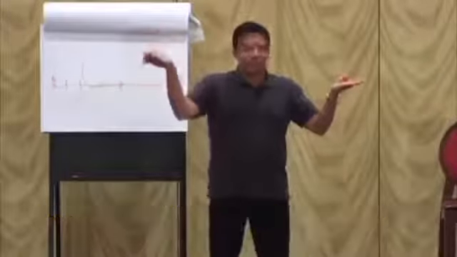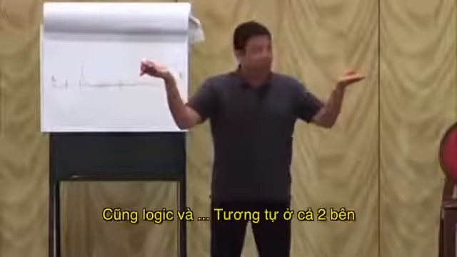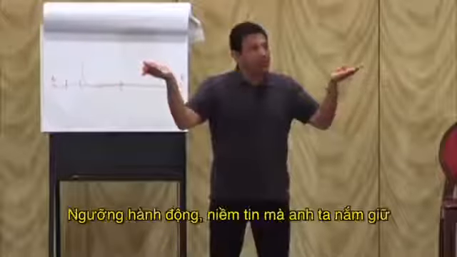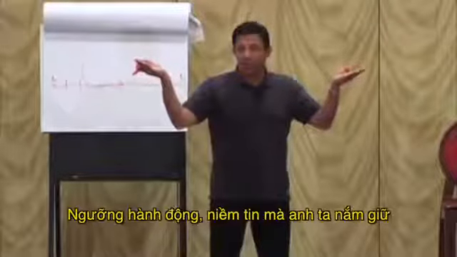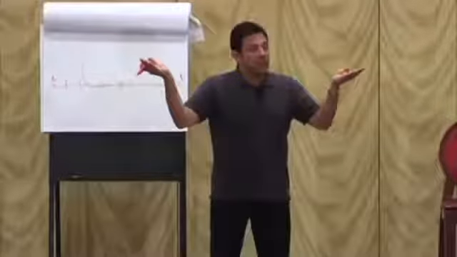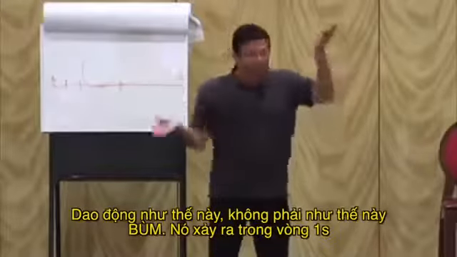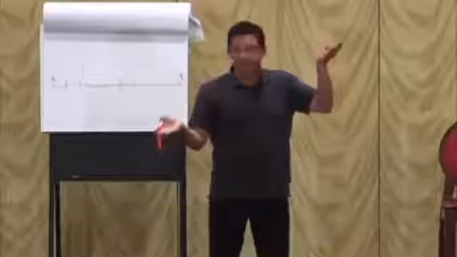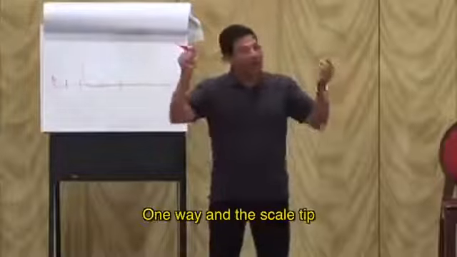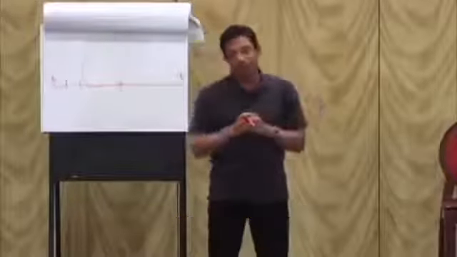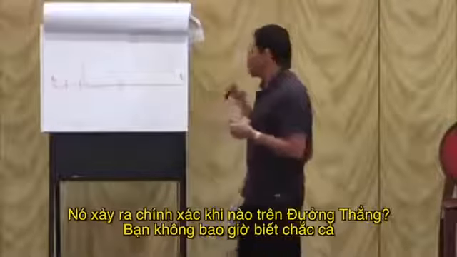Logical, emotion, on both sides. Action threshold, the beliefs he has. It's going like this, and it doesn't go like this. It happens in a second. That one way, and the scale tips. Where exactly it happens on the line, you can never be sure, but it happens.